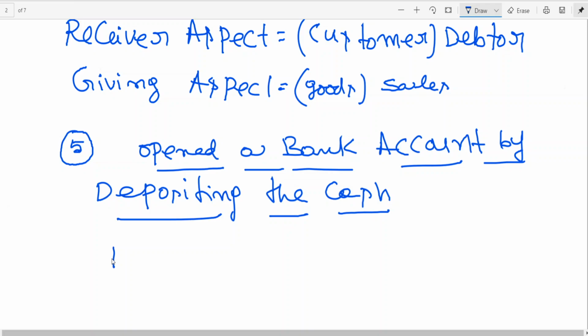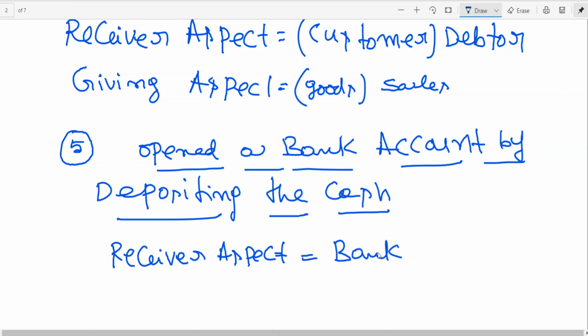To open an account, you need to deposit some money into the bank. So then who is the receiver? Here I am using the word receiver. Receiver aspect is bank. Suppose you have only one bank, I can say my bank.